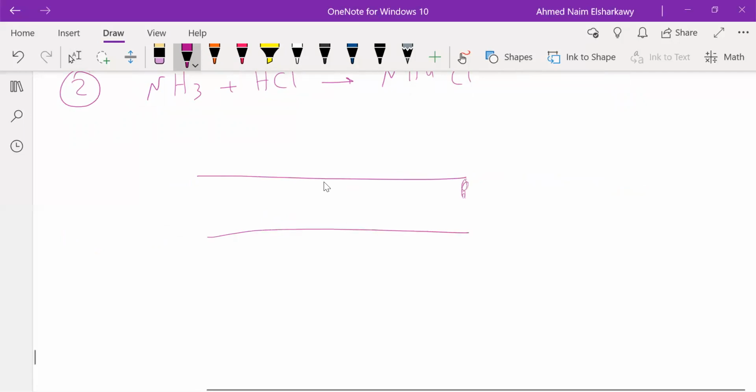And here I will close it with a cotton, and here I will close it also with a cotton wool, right? And this cotton wool will be soaked in NH3, and this cotton wool will be soaked in HCl.